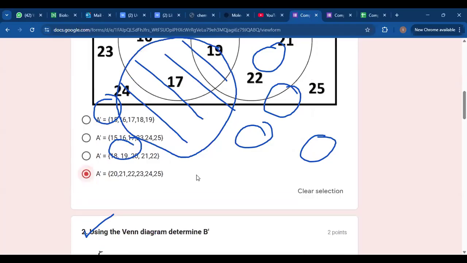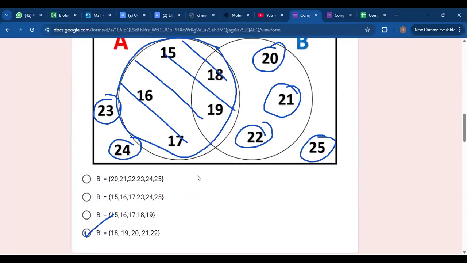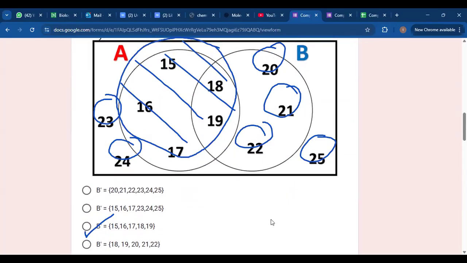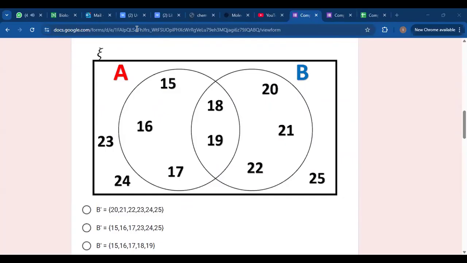So let me click that. Next, they want B complement. So for B complement, the same thing is true. Let me go ahead and clear all drawings. Again, we cannot include anything that's part of B. So none of this is included.